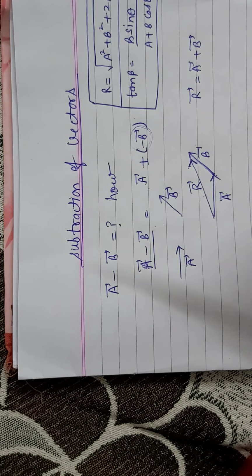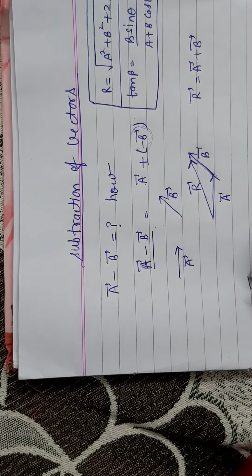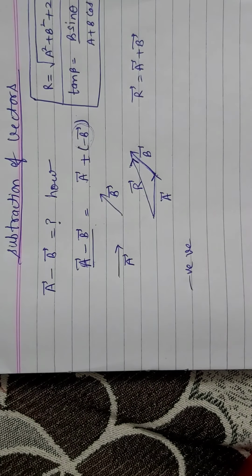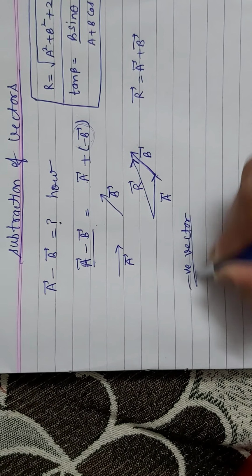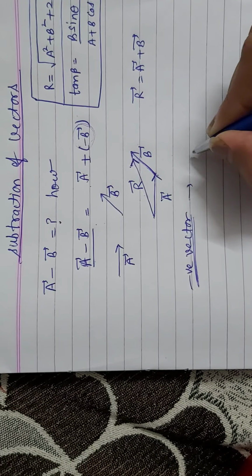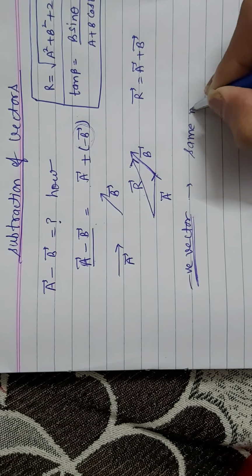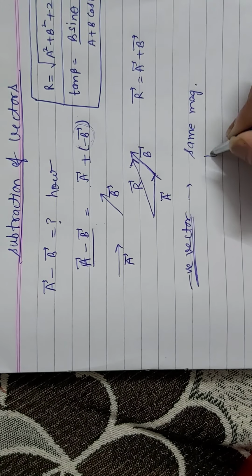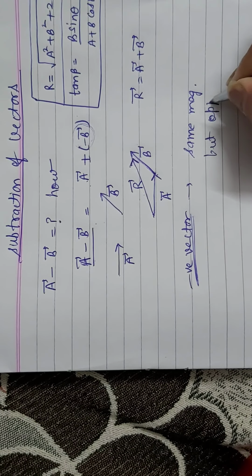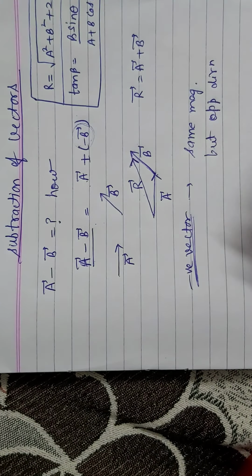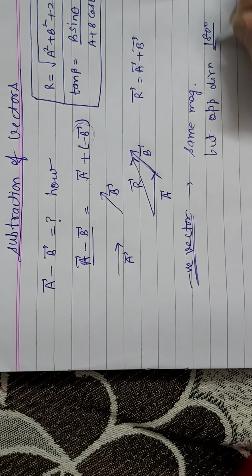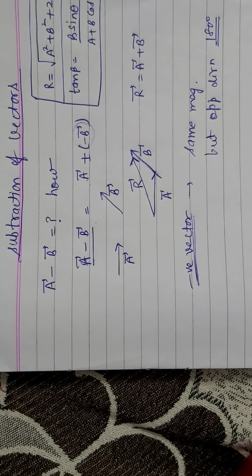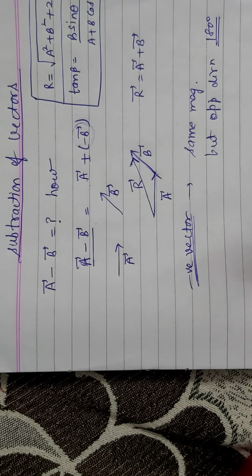Now we are going to subtract. The definition of negative vector we have already discussed. A negative vector has the same magnitude but opposite direction, and opposite direction means it is turned by an angle of 180 degrees.